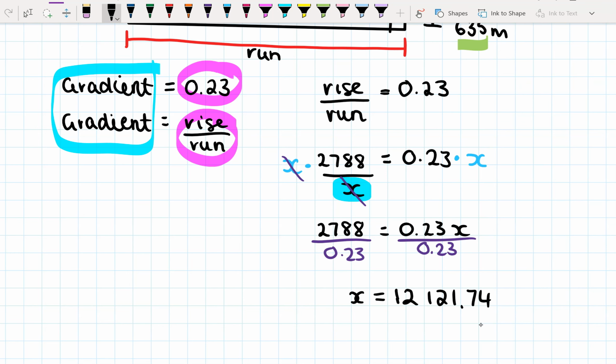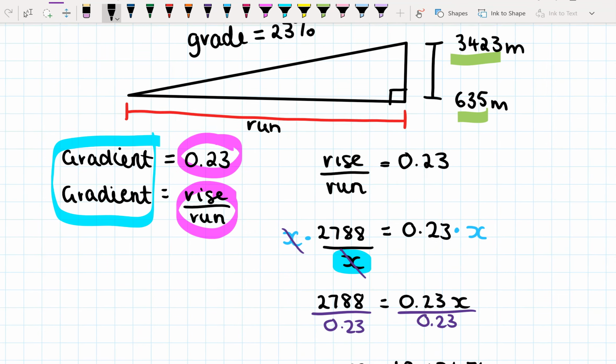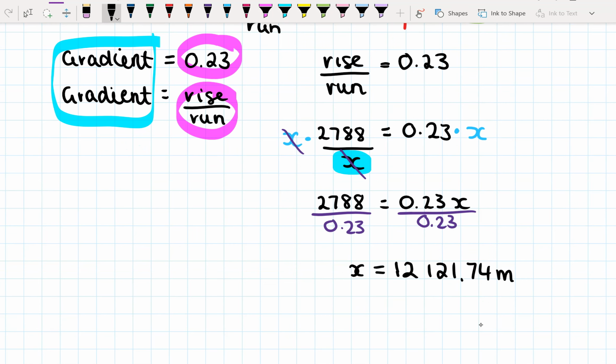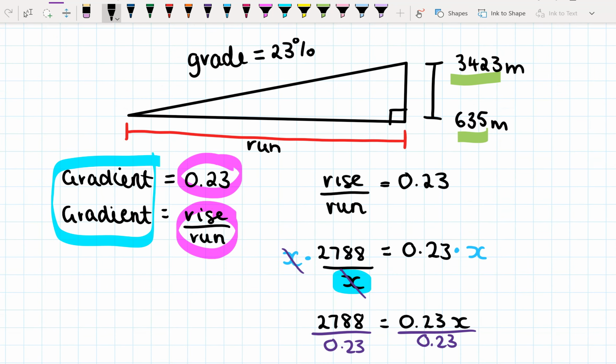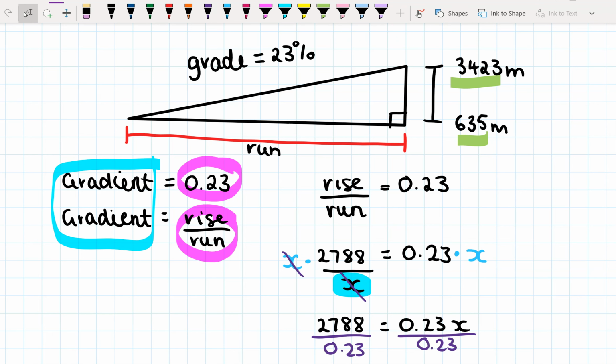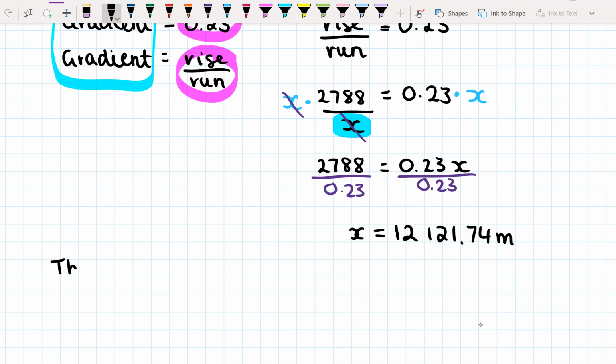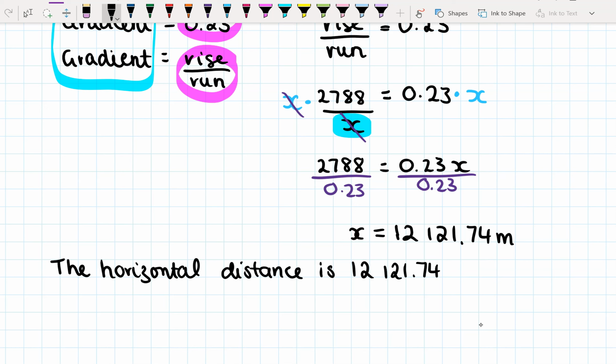Okay, now go back to the start and have a look. This is in meters, so we need to make sure we add that to our answer. And I always say to you that if you've answered a question that has a bit of a story, a bit of context, and this is a story about a road, then we need to write that the horizontal distance is 12,121.74 meters.